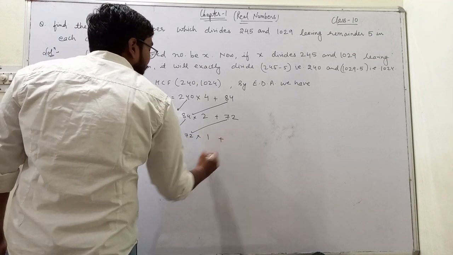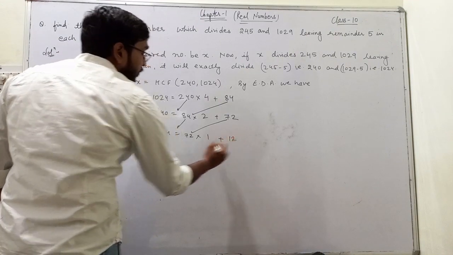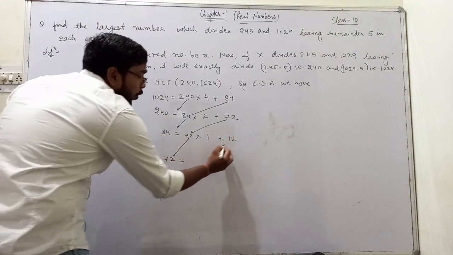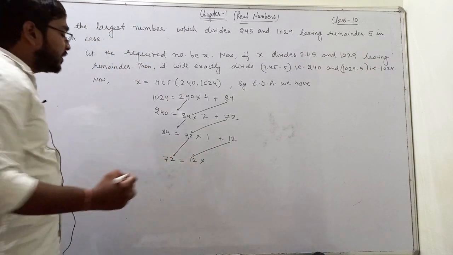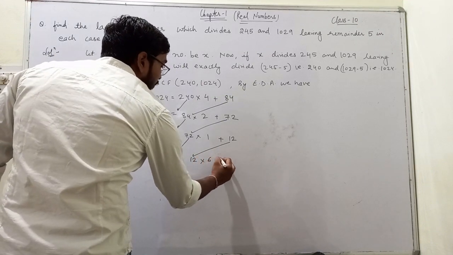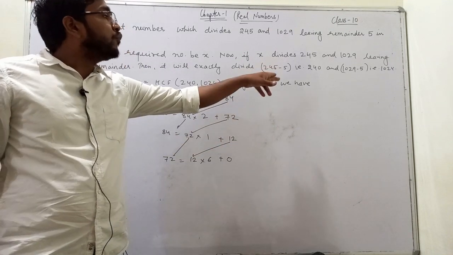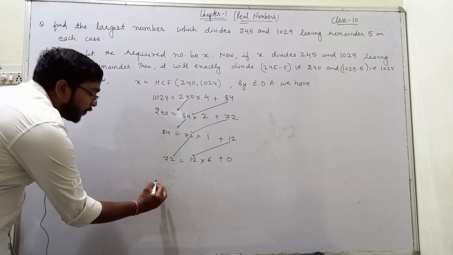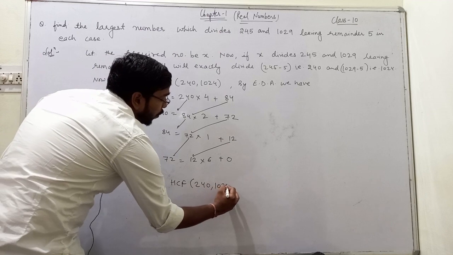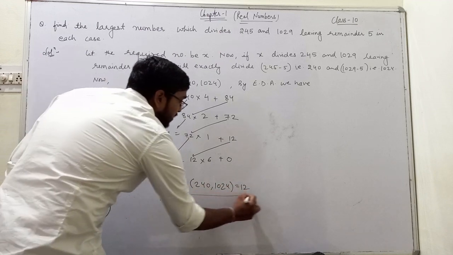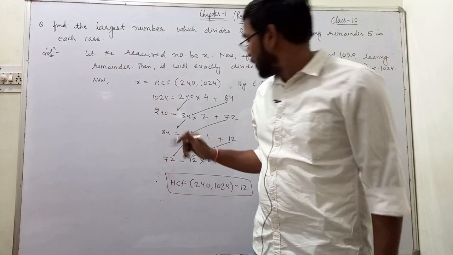The quotient will be 1 and the remainder will be 84 minus 72, that is 12. Again 72 will come here, 12 will come here, and 72 is divisible by 12 6 times, and the remainder is 0. So the HCF of 240 and 1024 is 12. Therefore the largest number that divides 245 and 1029, leaving remainder 5, is 12.